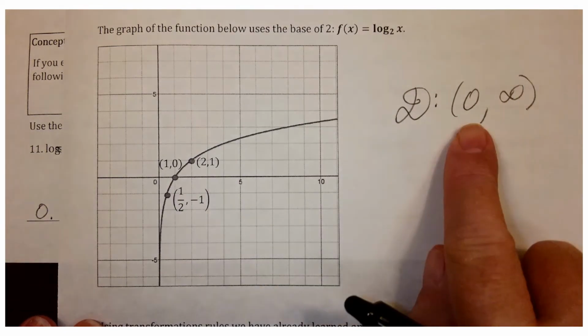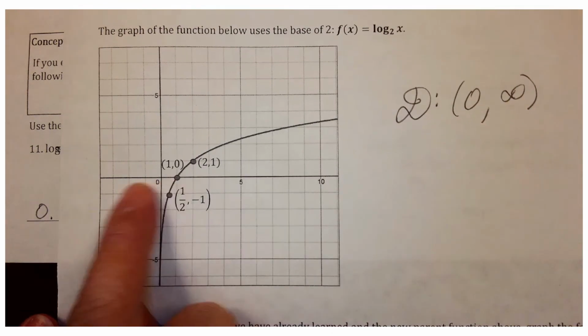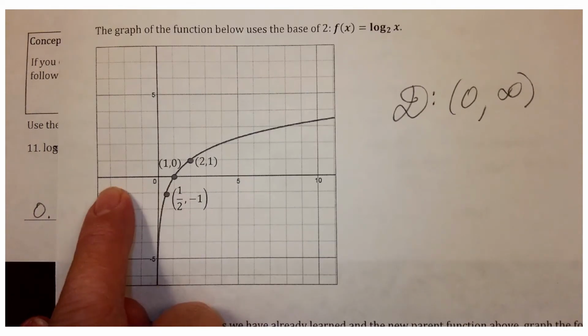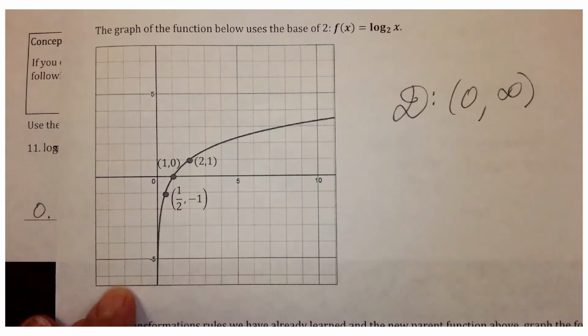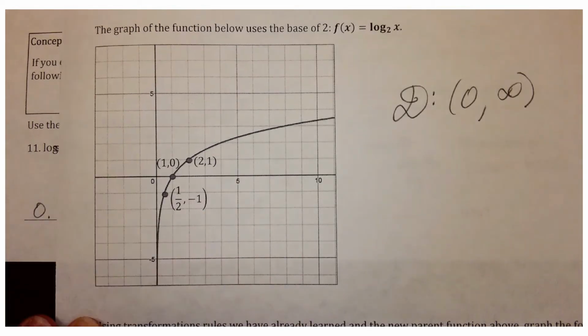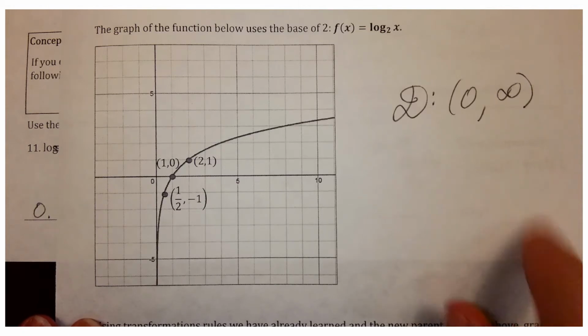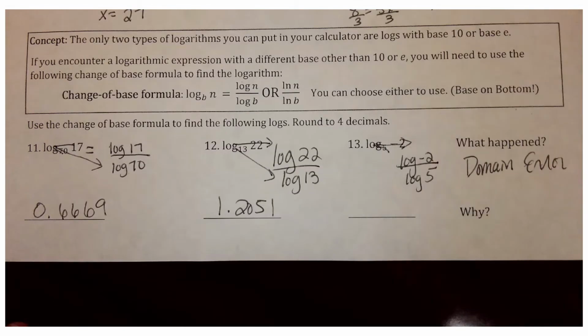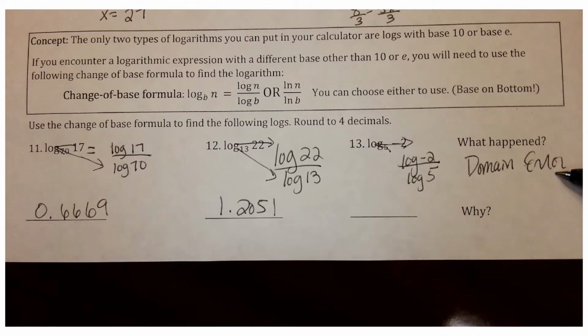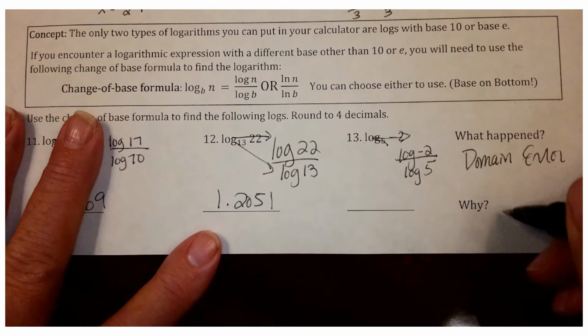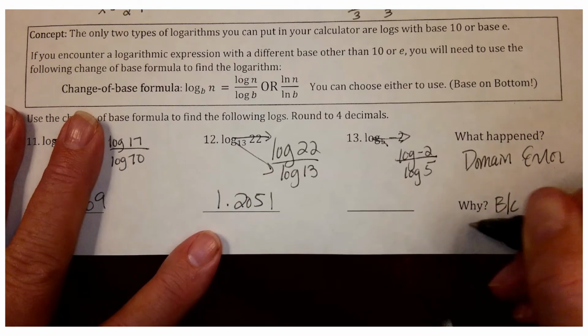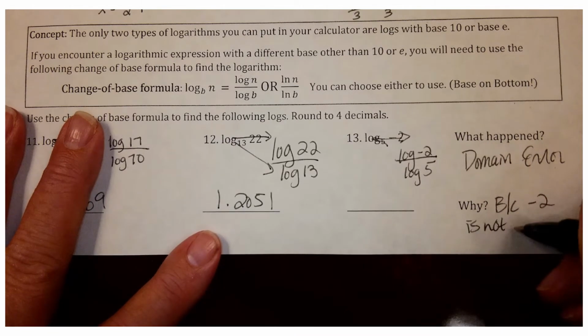One thing you do notice, though, is that if I went to any negative number on the graph, I would not have a function value for that number. Negative numbers are not in the domain of logarithmic functions. So it is completely valid for your calculator to say domain error, and you can say it's because -2 is not in the domain.